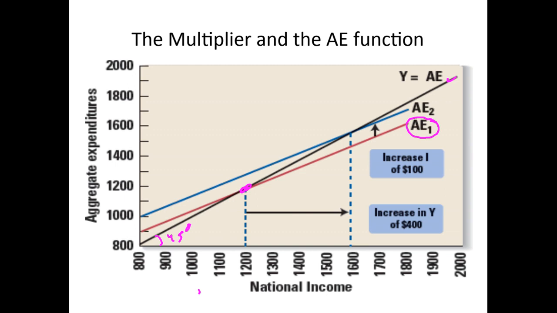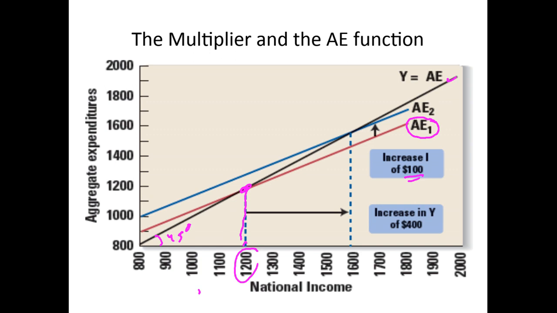Now suppose there's an increase in investment instead of government expenditure by $100 million. So an increase means this whole aggregate expenditure curve will shift upward by this amount of $100. This distance is exactly 100. But notice what is happening.